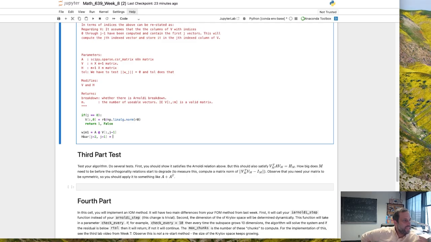Well, this is like the beta_j. We computed beta_j in the previous iteration. So using the symmetry of the matrix, this is H bar_{j-1, j-2}. In the previous iteration, we already computed what this is. So we're good. We don't have to compute it again.